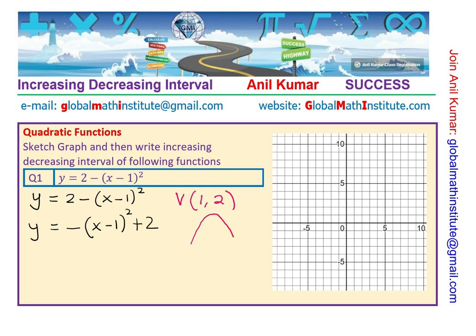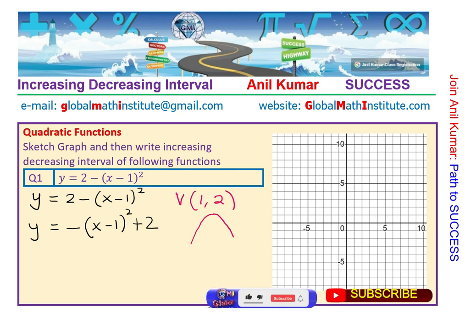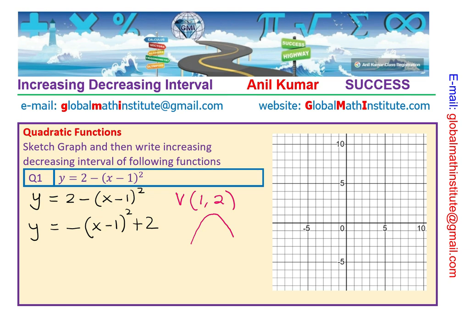Makes sense, right? Well, as a part of practice, you must have noticed by now, real problem is to sketch the graph and then write increasing, decreasing interval. So once we have this vertex, which is at 1, the y value is 2, right? There you go. Since we know that it opens downwards, we can adopt the steps.